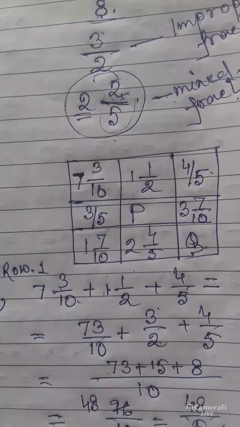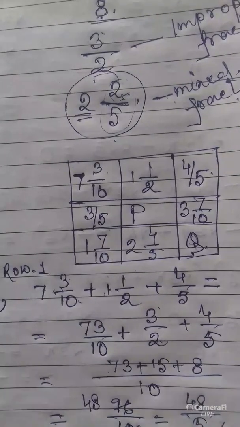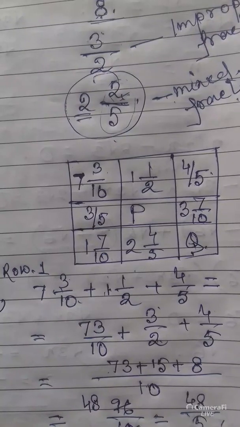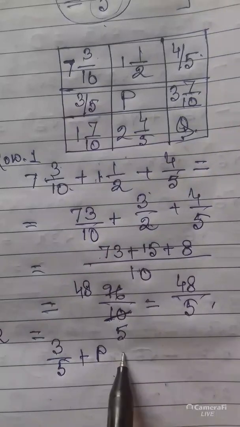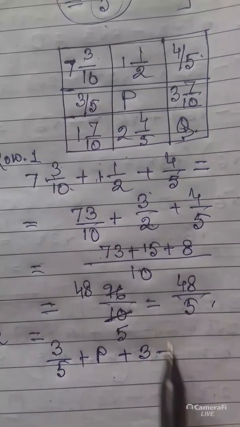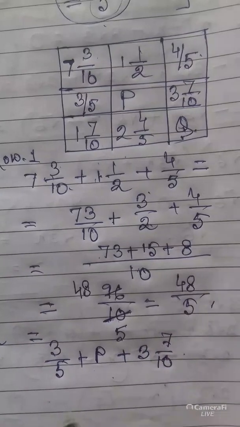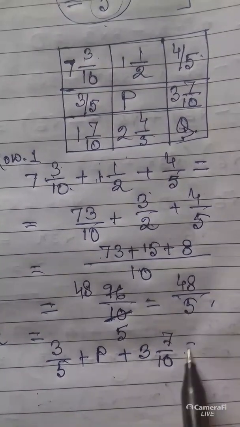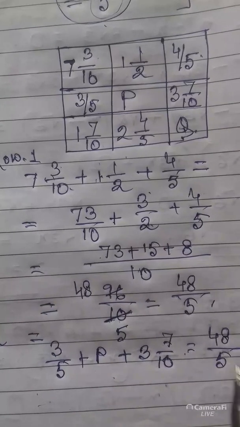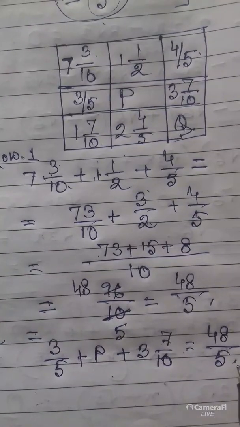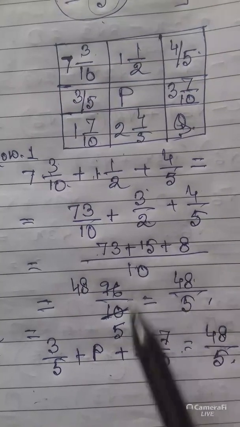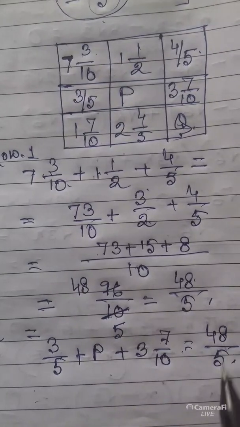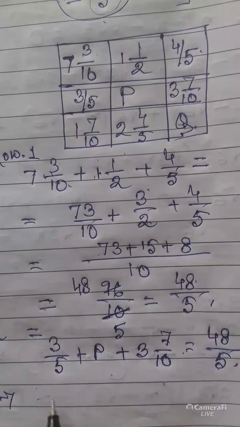Now the sum of the second row: 3 by 5 plus P plus 3 whole 7 by 10 equals 48 by 5. This is given, since the sum of numbers in each row and each column is the same. Now calculate it.